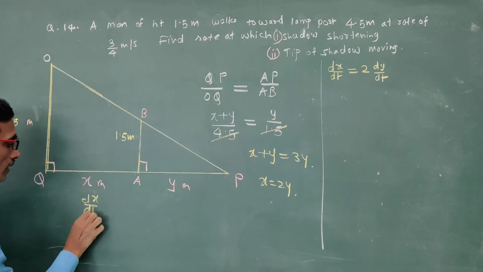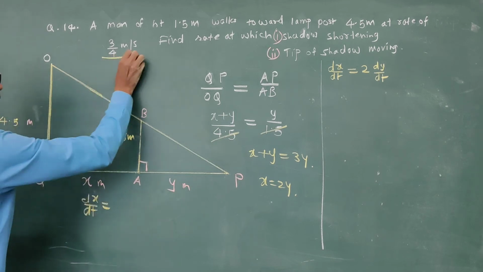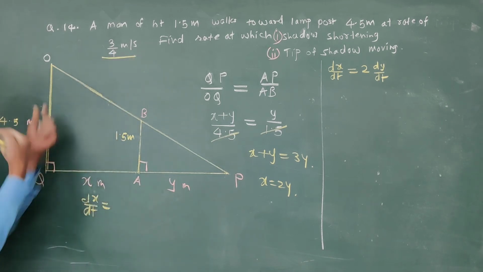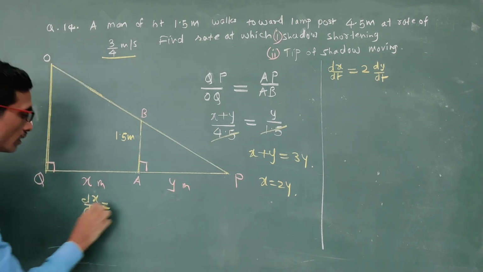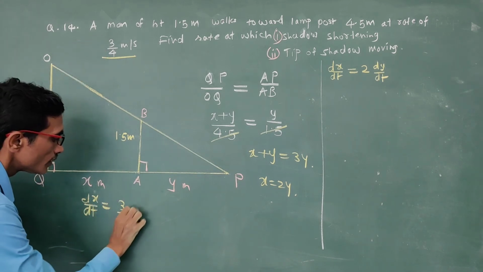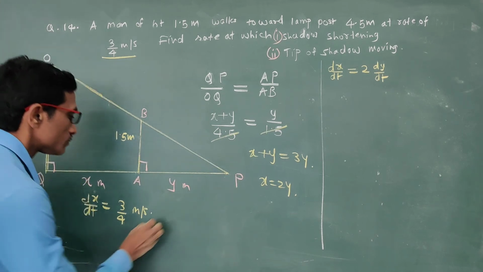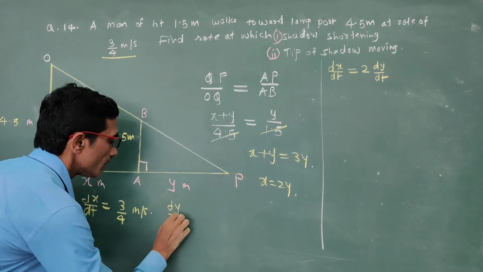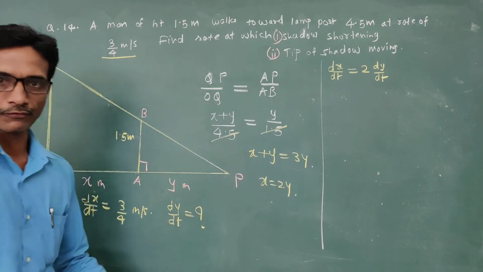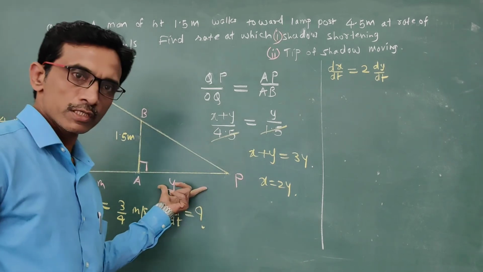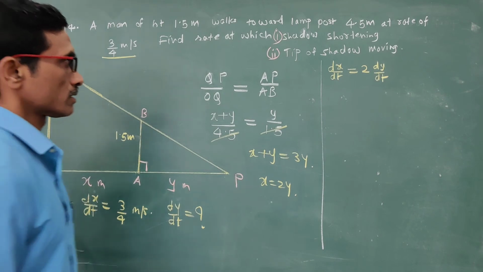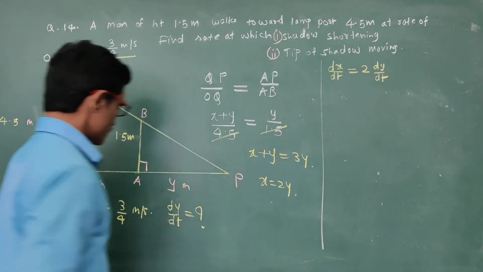He is walking toward the lamp post at the rate of 3 by 4 meter per second. So here we substitute, and what do we find? dy by dt is to be found out, the rate at which the shadow is shortening.